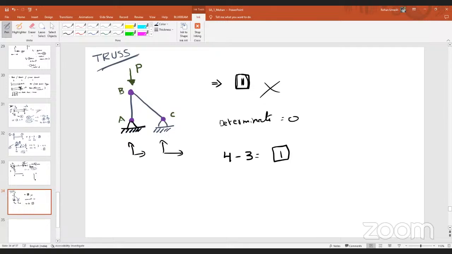Tell me how the load P is transferring to supports. Forget about which member is carrying force and which is not. This load will transfer to support A through member AB. Similarly, this load is transferred to support C through member BC, isn't it?